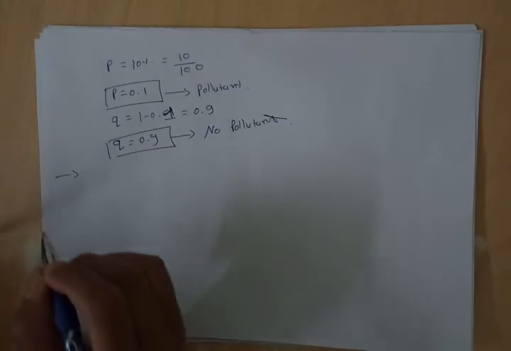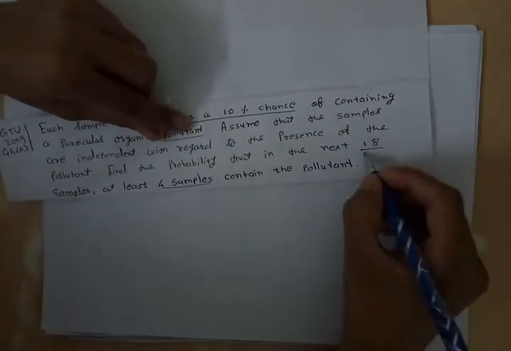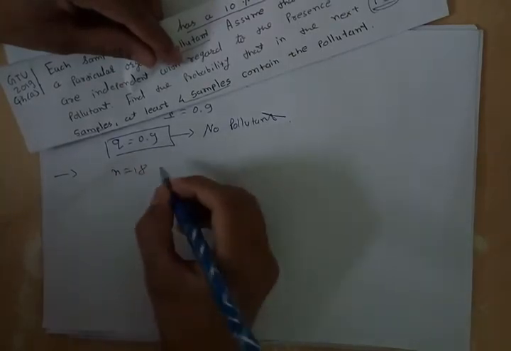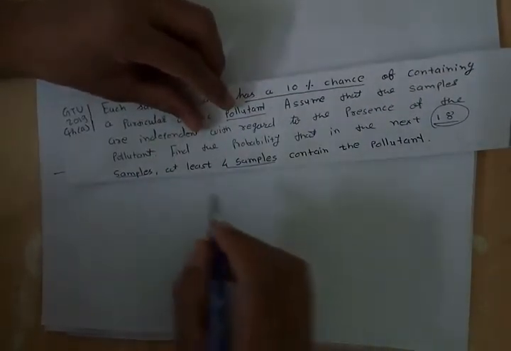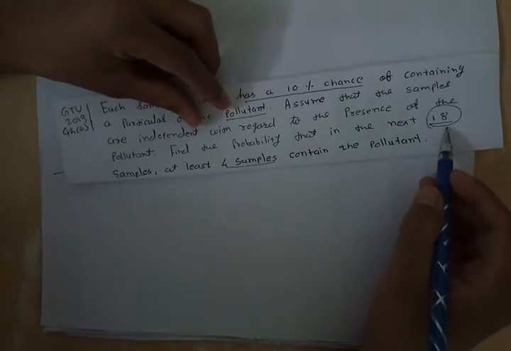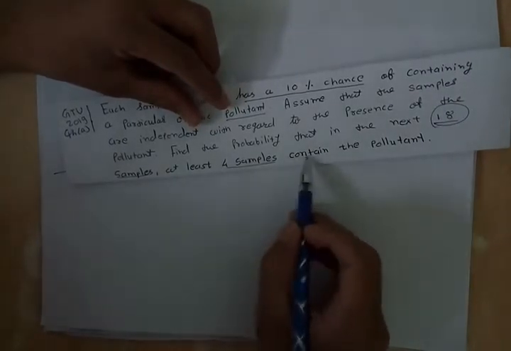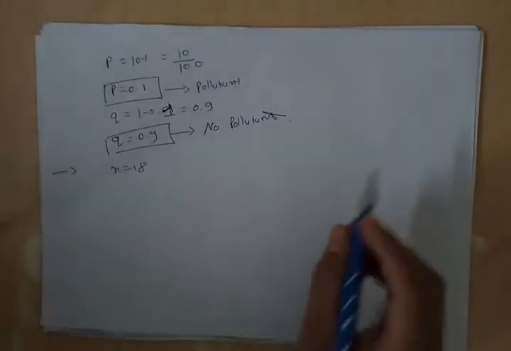Now we are given that we have to test 18 samples. Total 18 samples, so n is equal to 18. And we have to find, out of these 18 samples, the probability that at least 4 samples contain pollutant.